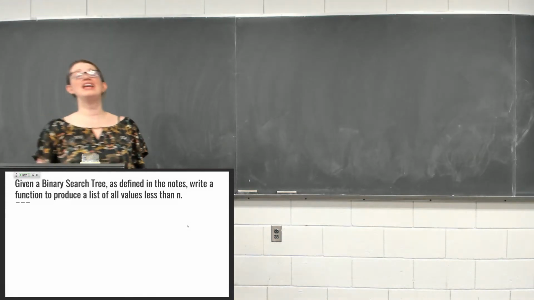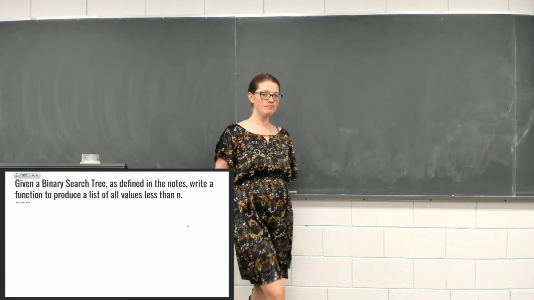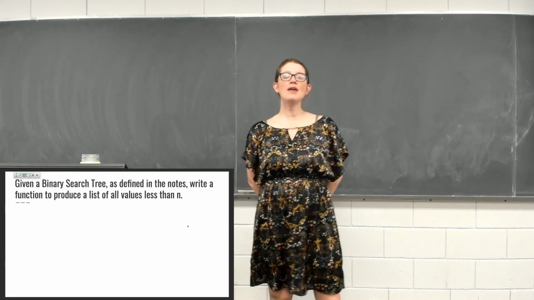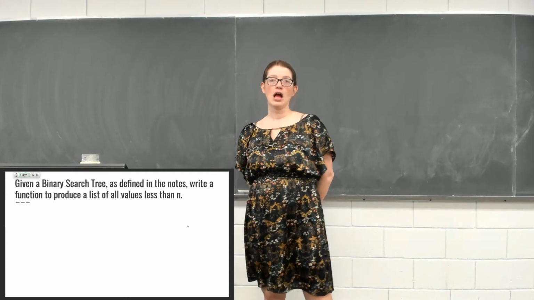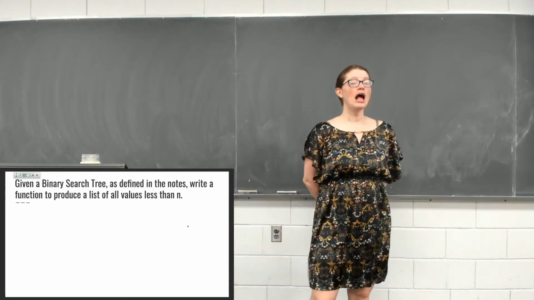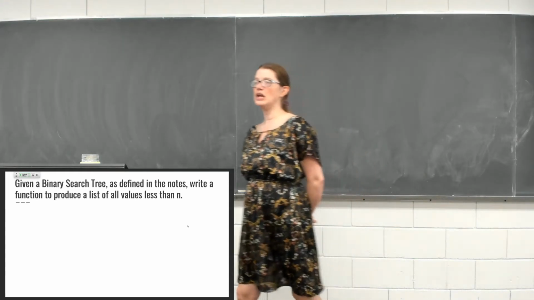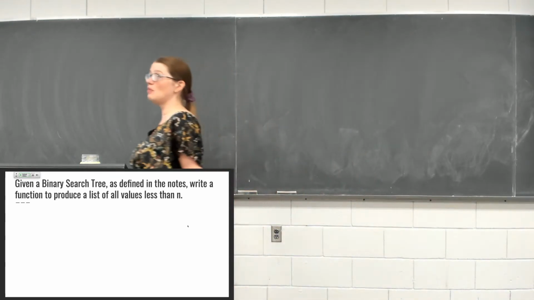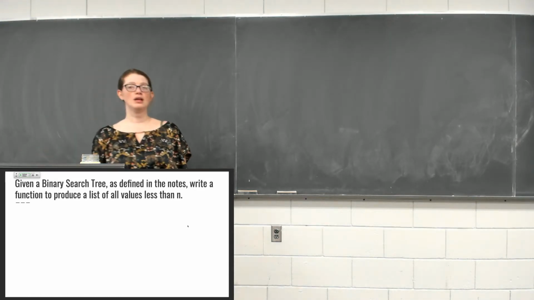So first off, if n, the thing we are trying to find numbers less than, is smaller than the current node's value, then there's absolutely no reason for you to search for anything in the right subtree, because you know that if n is smaller than the current node, the only place it could possibly be is down the left subtree.